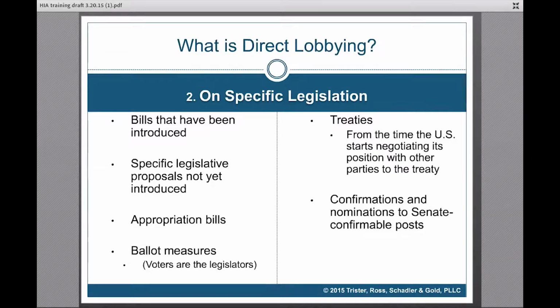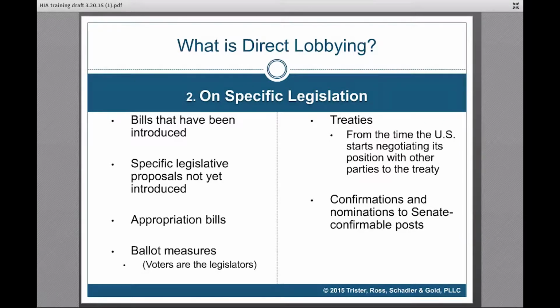The way that the rules are written, reflecting a view on the legislation includes talking about what the impacts of that legislation would be. So it may very well be that the discussions you're having with legislators about your health impact assessments may be considered direct lobbying. It's something that we need to think about, and we're going to talk about some specific examples of that later on in this presentation.